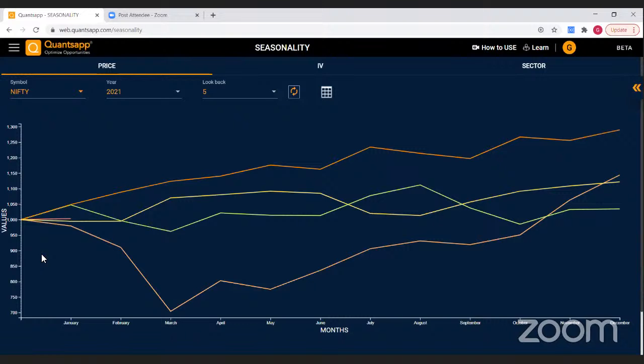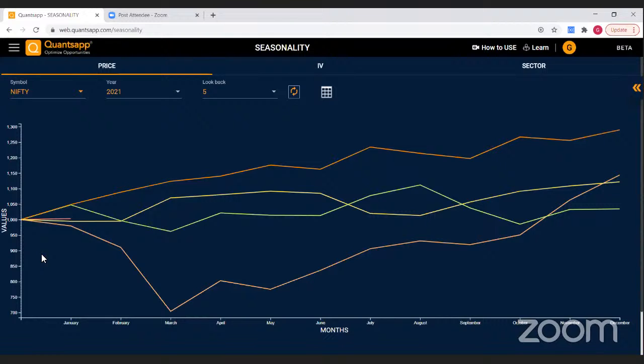So what does seasonality actually mean? Seasonality gives me the seasonal behavior of a particular index or stock, how a particular underlying behaves in that particular season.